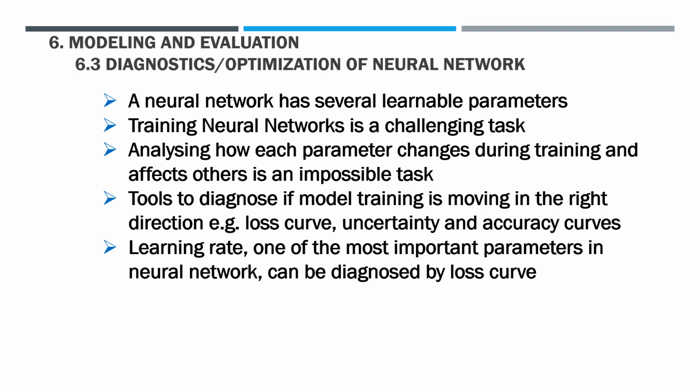For example, after every epoch, the loss function should be reduced or accuracy should improve. And there are tools like that which can tell us. For example, those tools are loss curve, uncertainty curve, or accuracy curve. We'll talk about the loss curve and how it can help us diagnose the learning rate for the model.